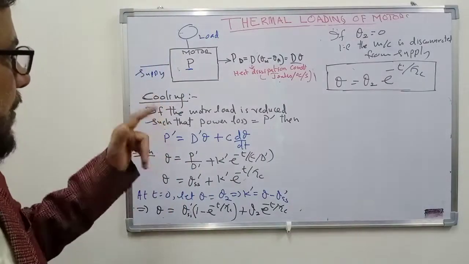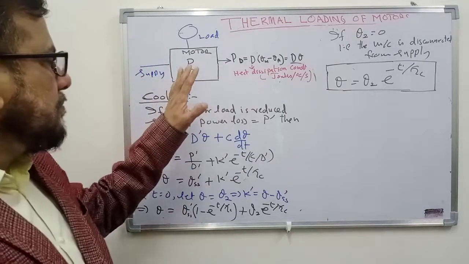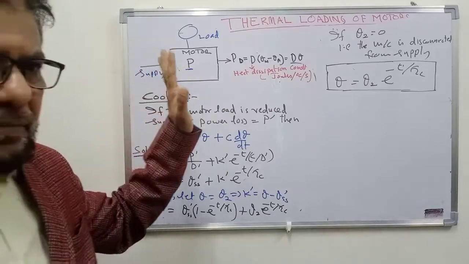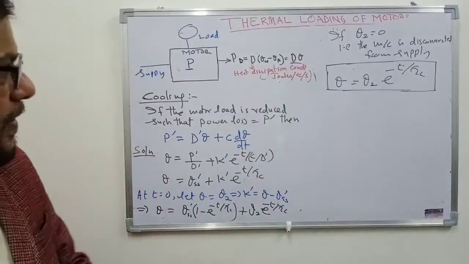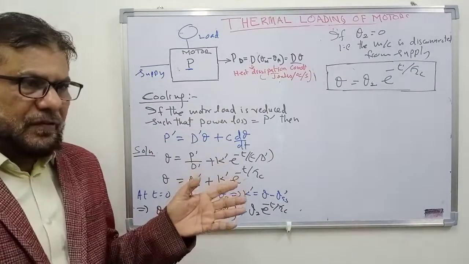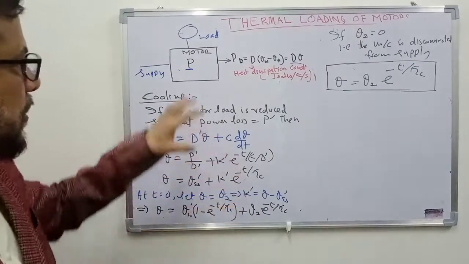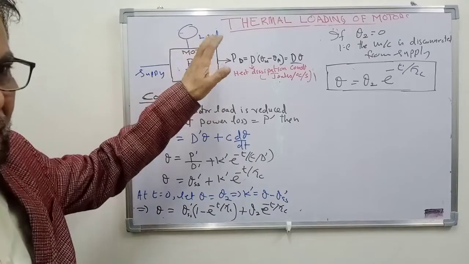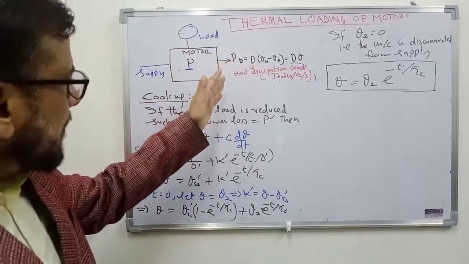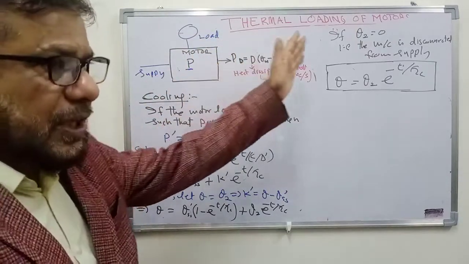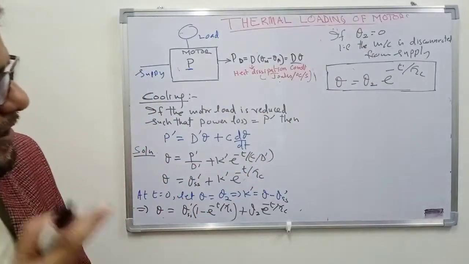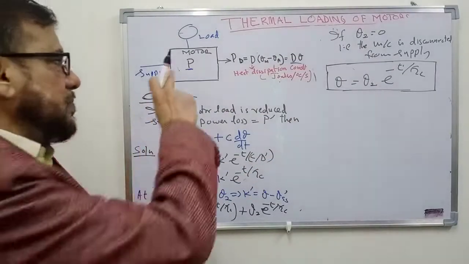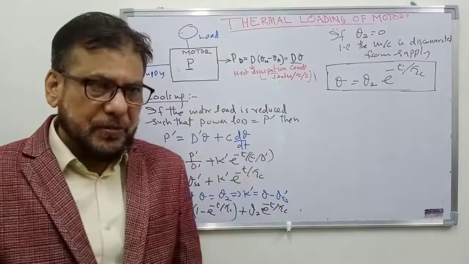You can either switch off the supply, load is disconnected, motor stops, and of course when the motor is stopped, no heat is generated, and the motor will continue to dissipate the heat to the atmosphere. Its temperature will go down, and finally in steady state the motor's temperature will become equal to ambient temperature.